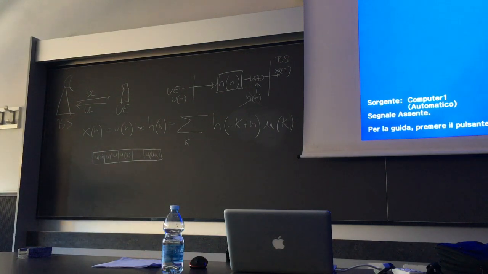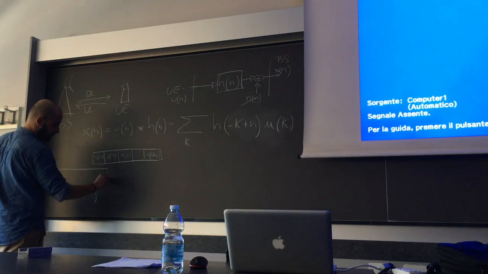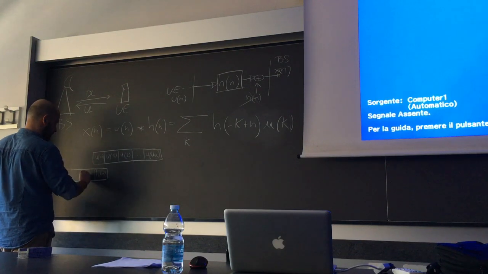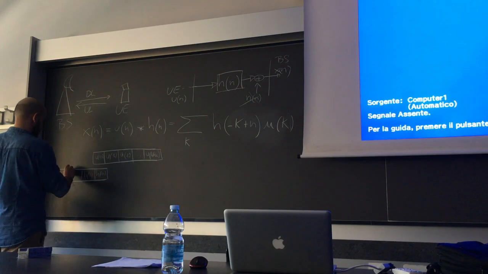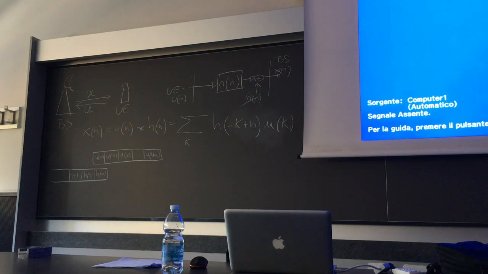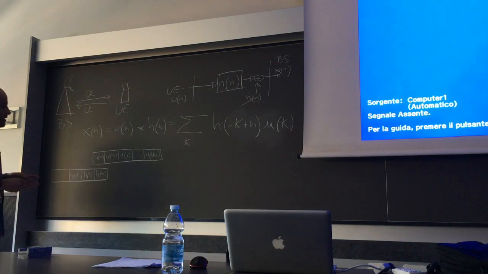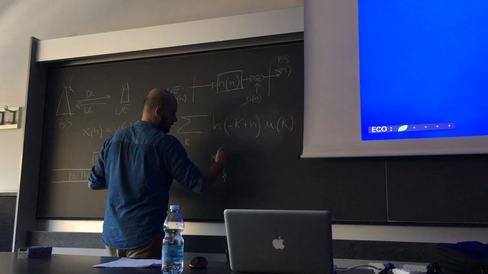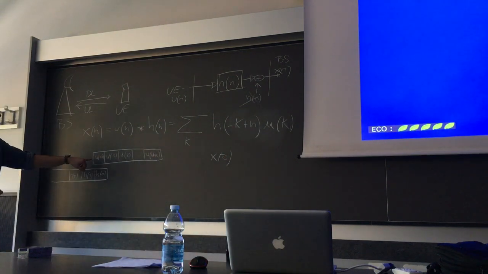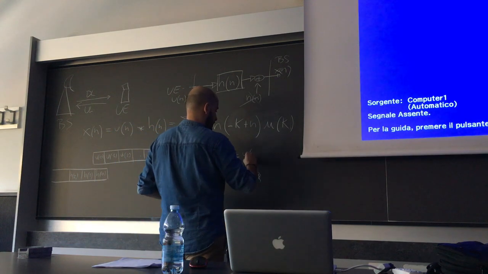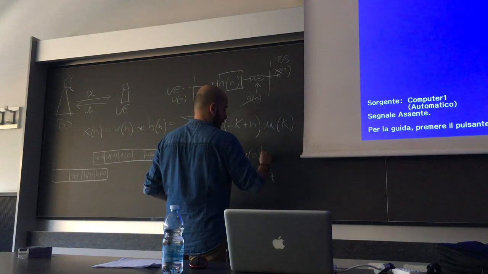And then you take the second one and you flip it, right? And then you have H0, H1, H2. Now, what you do is take element-wise multiplication, and you sum them together. So in this case, X0 is just this product here, which is U0 by H0.